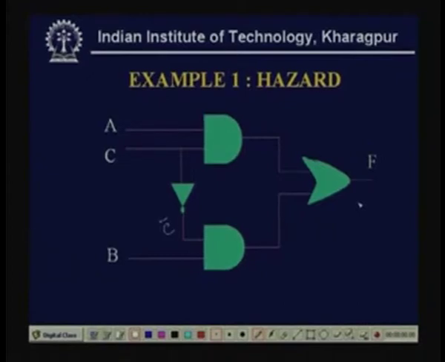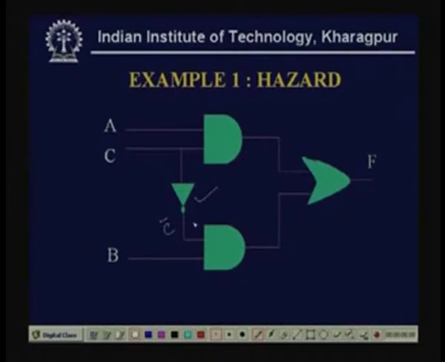Now see here, when the top AND gate is executing AC, then to compute C bar, because of the gate delay associated with the inverter, it will take some time.